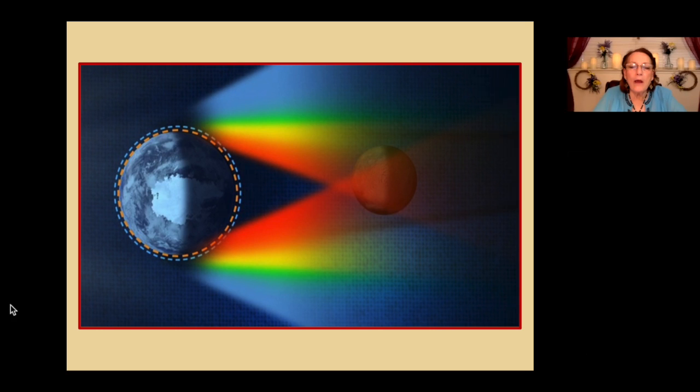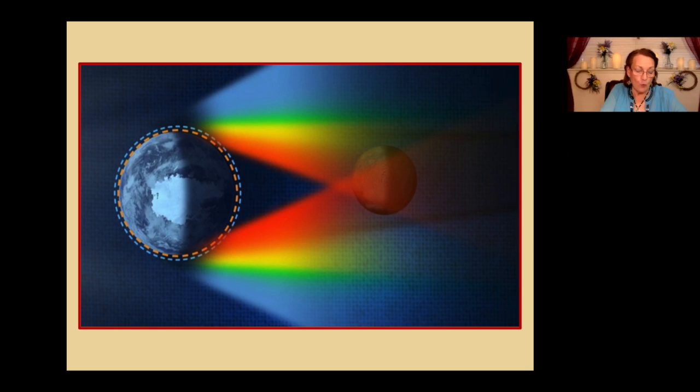The red rays are the ones that go through the Earth's atmosphere. On Google, I read that the same phenomenon that makes our sky blue and our sunsets red causes the moon to turn red during a lunar eclipse.